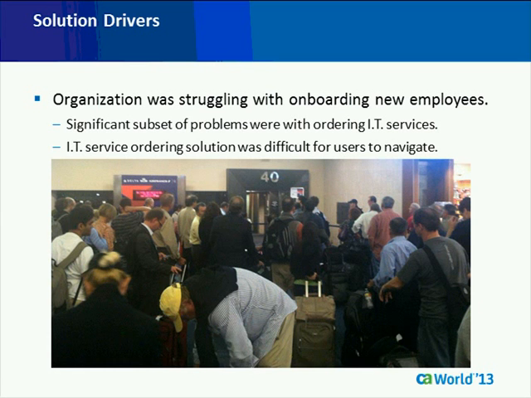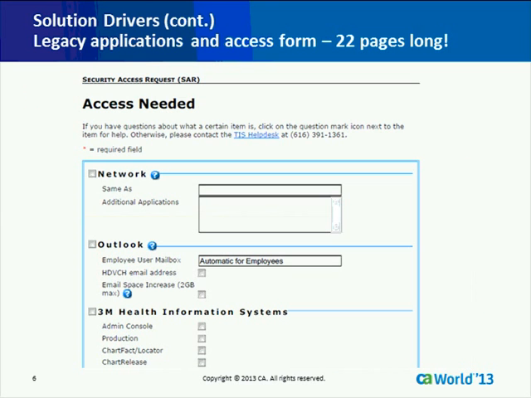We found that a significant subset of the problems were with ordering IT services, and that the ordering services we provided were very difficult for users to navigate. In terms of what we actually had available for folks to order services, this is our security access request form.